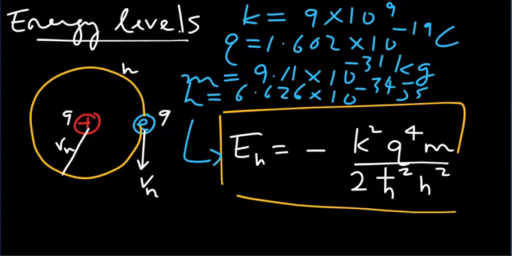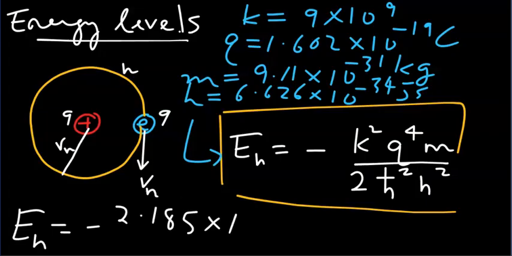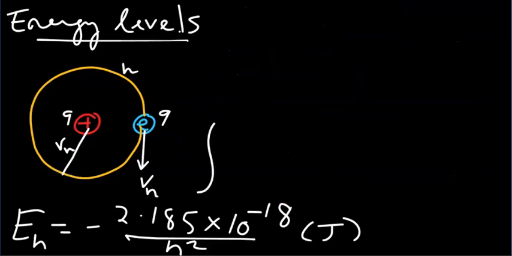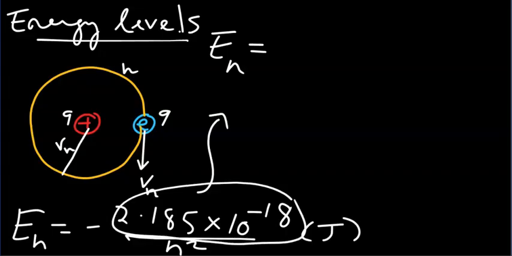Substituting all these numbers in here, we get E sub n as minus 2.185 times 10 to the power minus 18 over n squared in the unit of joules. Again, keep in mind, h bar is h over 2 pi. One can also write this in a more conventional way in the unit of electron volts, and to do that you have to divide this constant by the electronic charge.